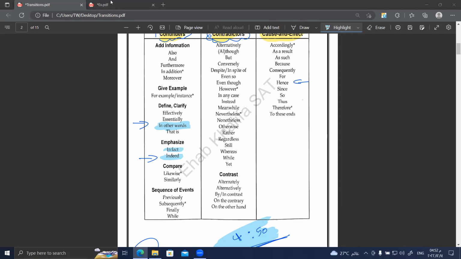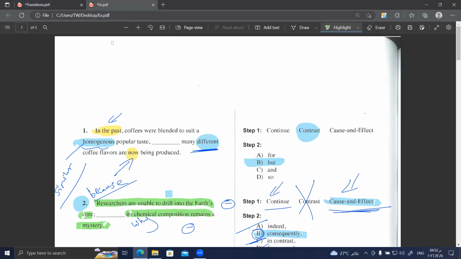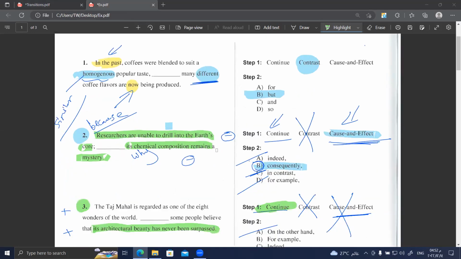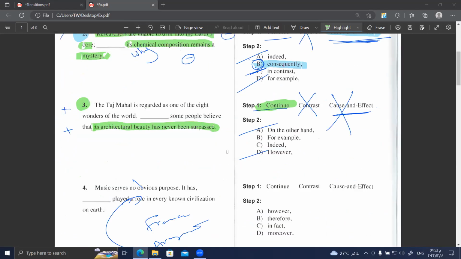Here we go back again, guys. Number 3, or this one. Here, guys, what comes after is not an example at all.